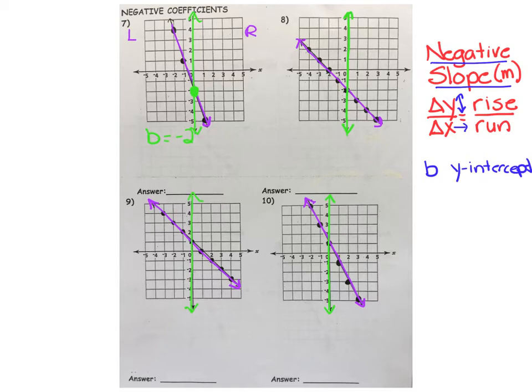And for the second problem, number 8, it's also located at -2. For number 9, our third problem, you can see that the intercept is located at +1. And for number 10, our fourth problem, our intercept is located at +1 again.